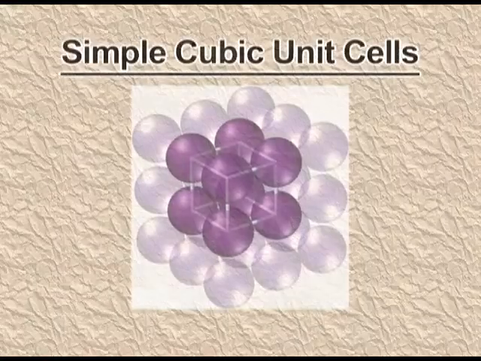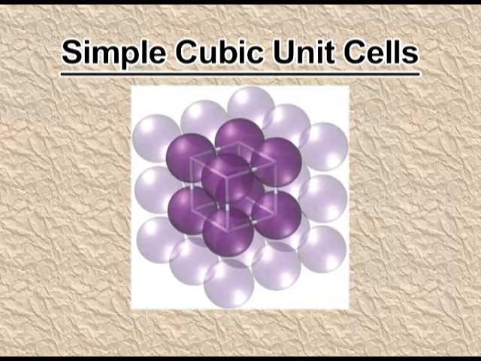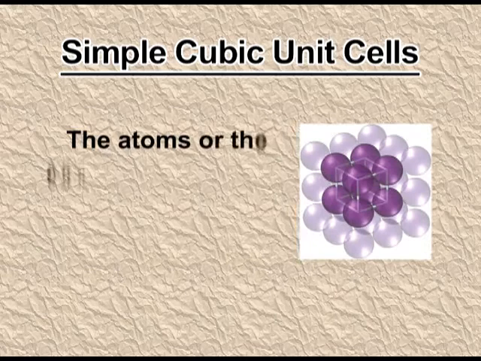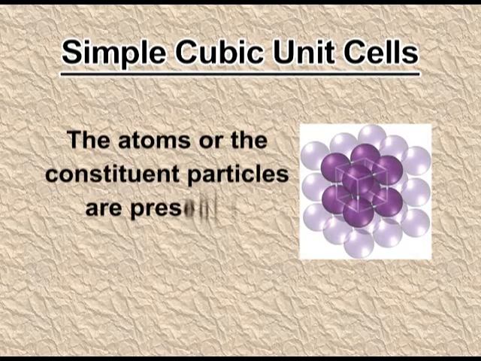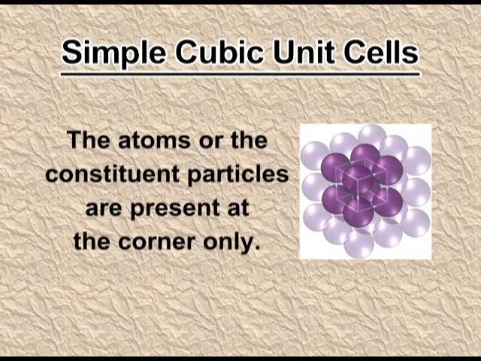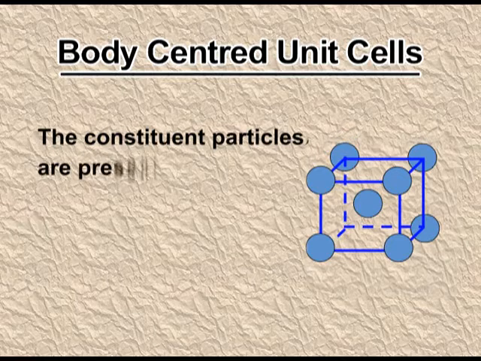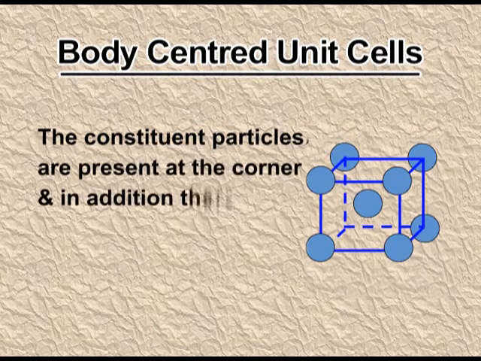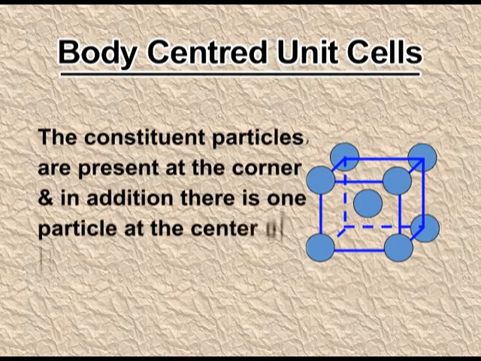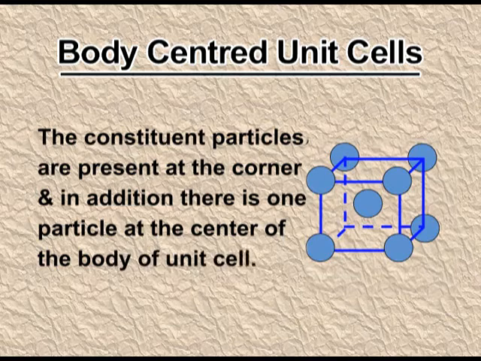Let's see the pictures. Here you can see that in the simple cubic unit cell, the atoms or the constituent particles are present at the corners only. In the body-centered unit cell, you can see the constituent particles at the corners, and in addition, there is one particle at the center of the body of the unit cell.